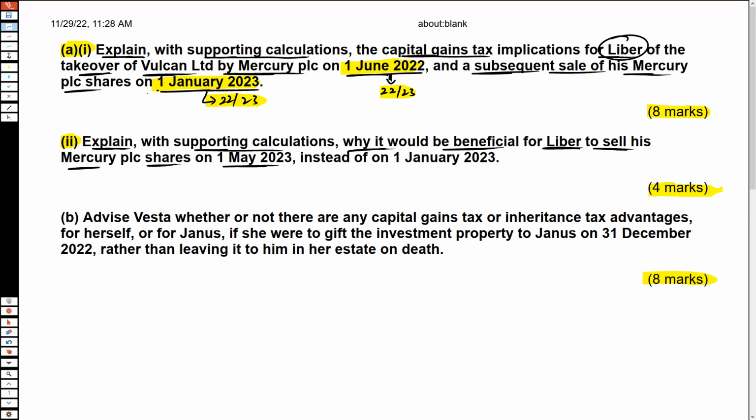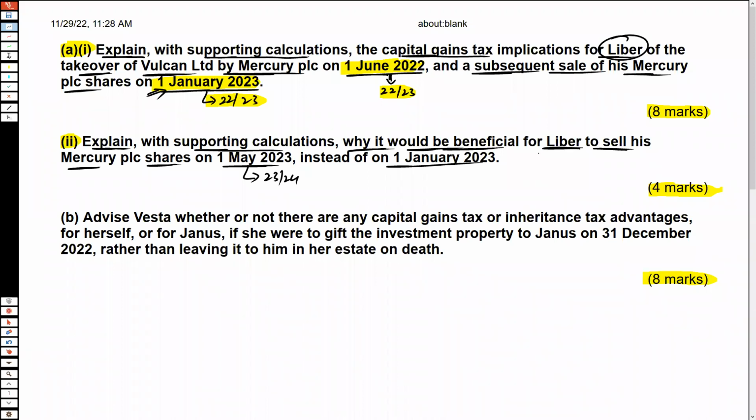By the way, the person is planning to dispose of the shareholding on 1st Jan 23, but in A2, why would it be beneficial for LIBOR to sell his shareholding on 1st May 23 instead of 1st Jan 23? As I have told you the reason, and you have identified the relevant area.